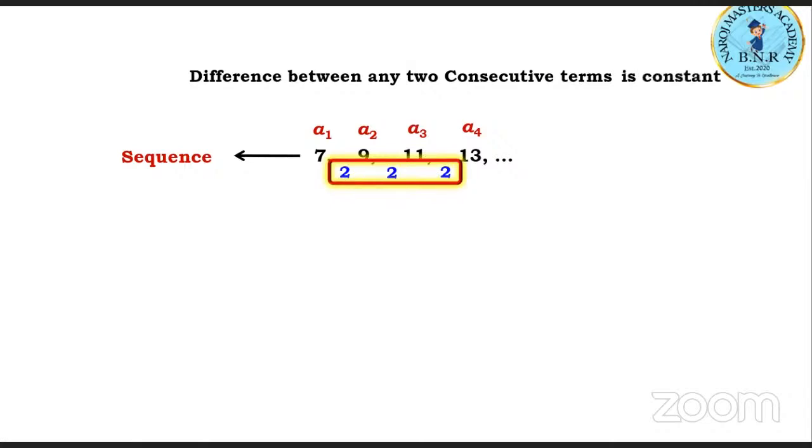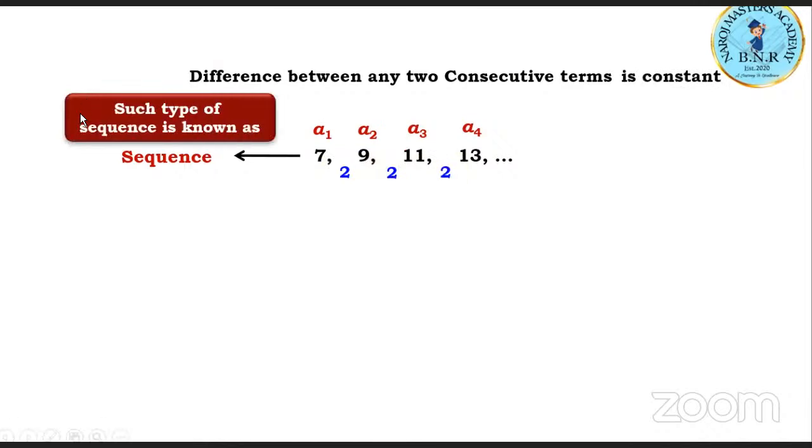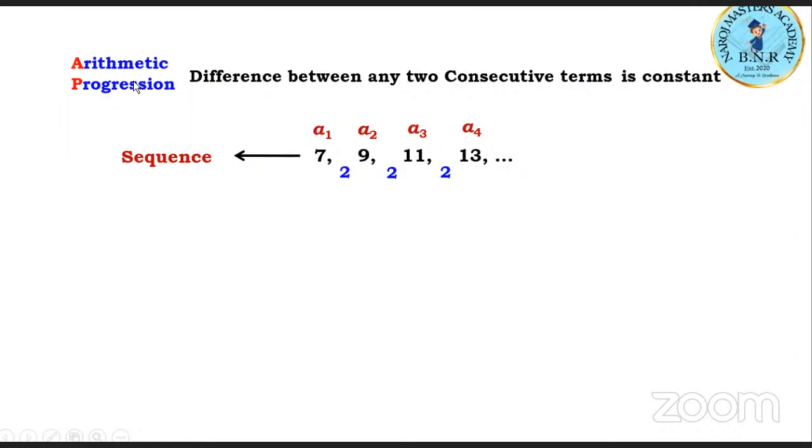Then we'll call it an AP series. Such a type of sequence is known as arithmetic progression.